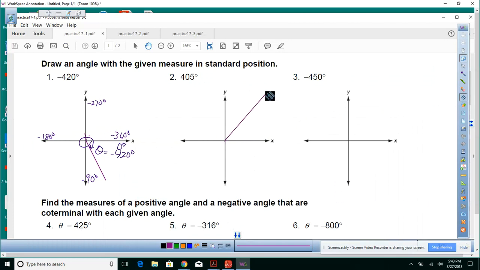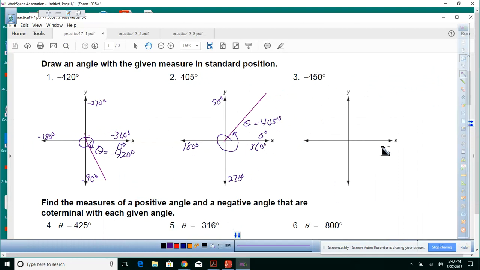So that's going to be right in there. And if you did like I did a minute ago, you would have said 0 degrees, 90 degrees, 180 degrees, 270 degrees, 360 degrees, and then there you go. So we go here, we go back around to there, and we say theta equals 405 degrees.